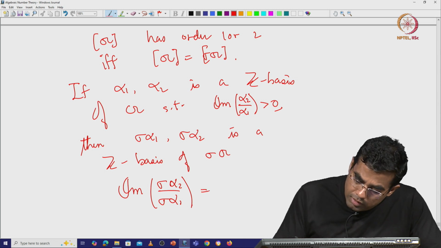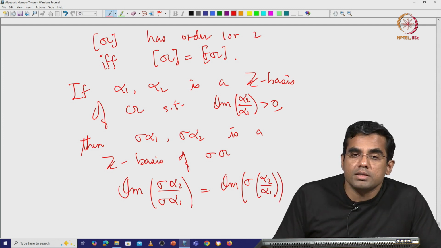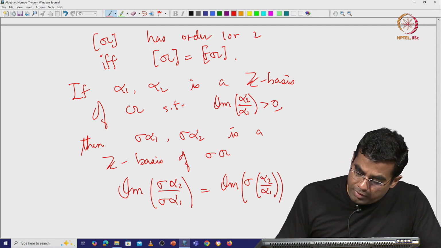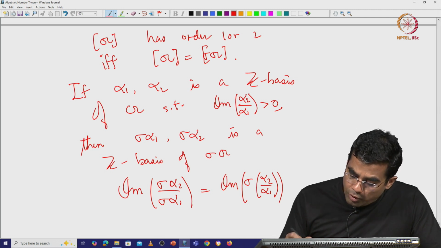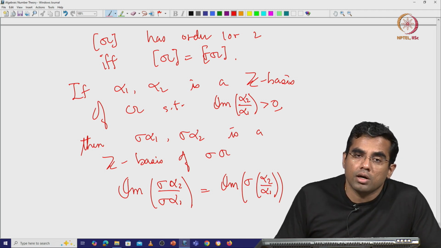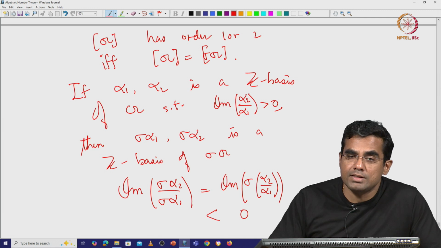This is equal to the imaginary part of sigma of alpha 2 by alpha 1, and sigma is like complex conjugation. So, if you apply complex conjugation to a complex number with positive imaginary part, then it becomes negative, so it is less than 0.